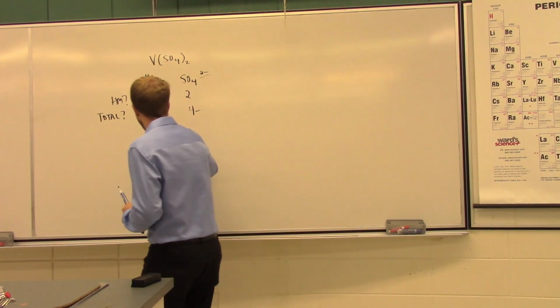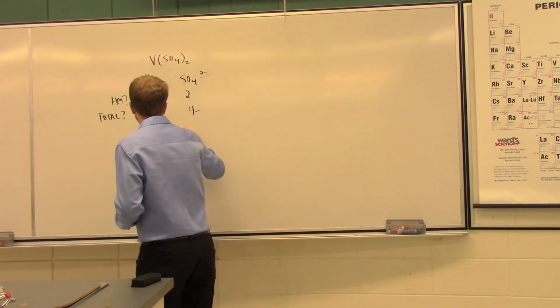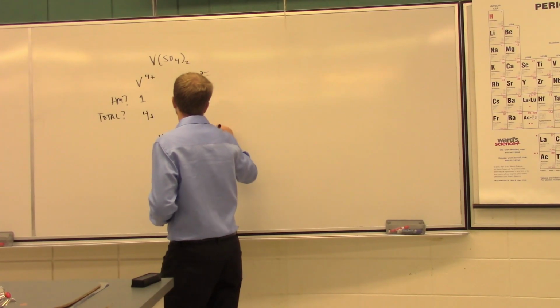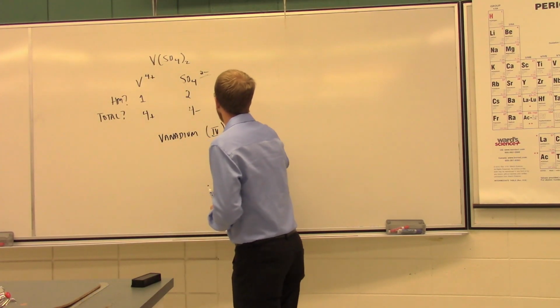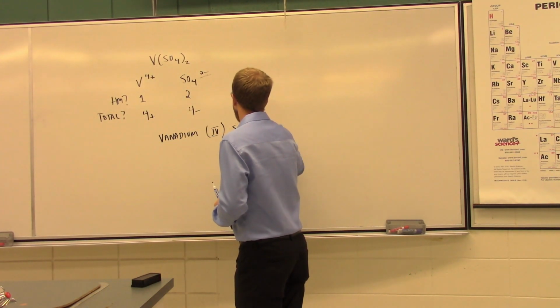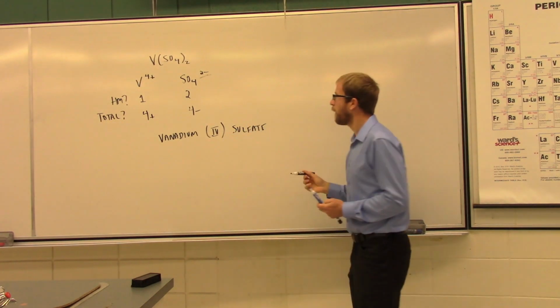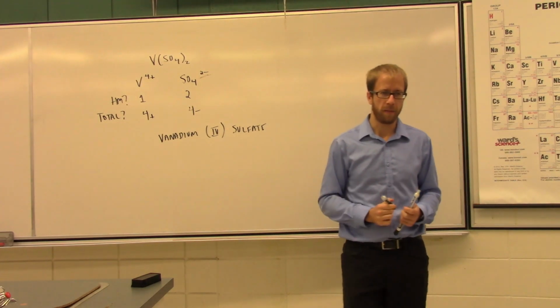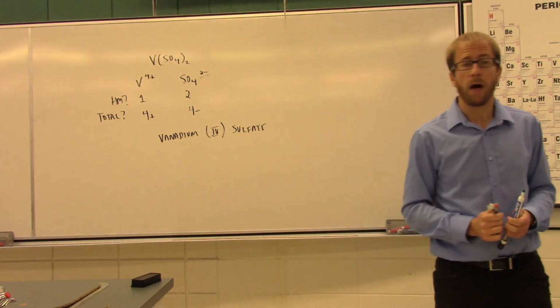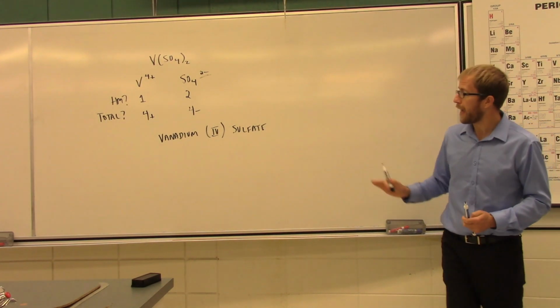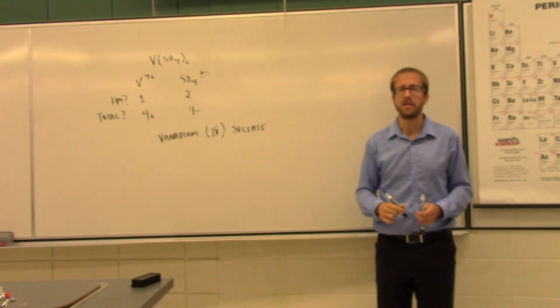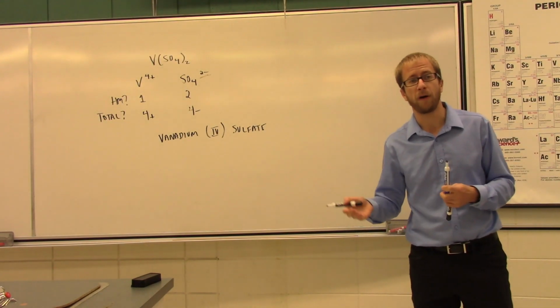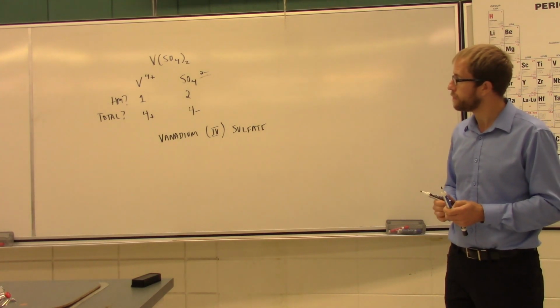Exactly. And thank you for saying sulfate and not sulfide, because what do we never do to the name of our polyatomic ion? We don't change it, right? We don't add that suffix "ide" because we will never change the name of our polyatomic ion.